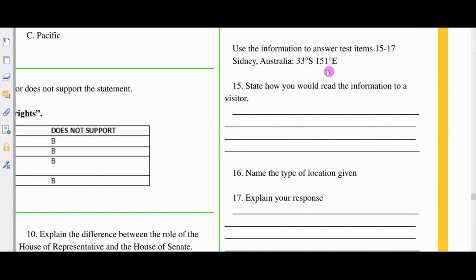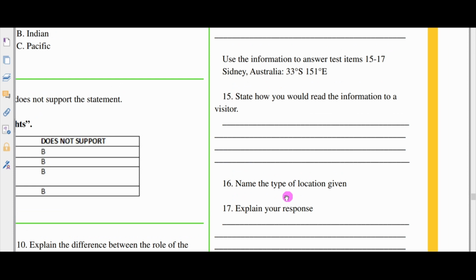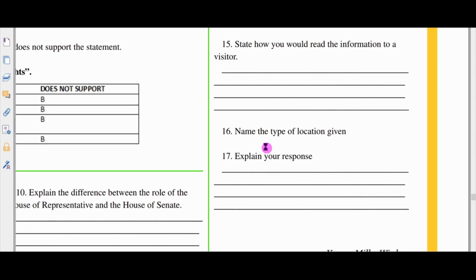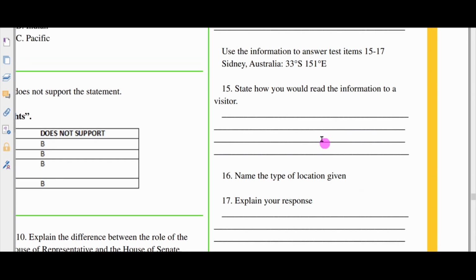Now, latitude measures angular distance north and south of the equator, while longitude will measure angular distance east and west of prime meridian. Number 16 says name the type of location given and explain your response.